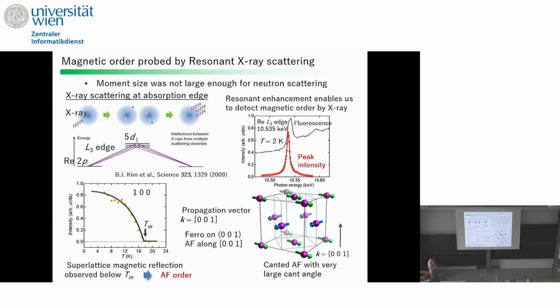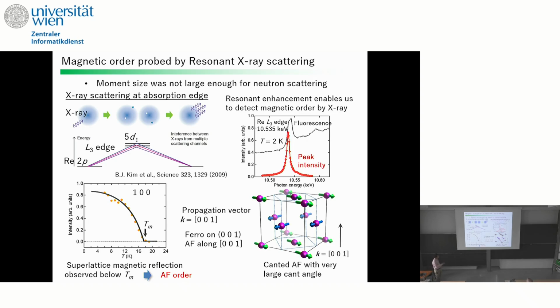Then we performed resonant X-ray scattering because the moment size is small. We thought it is maybe impossible to detect by neutron diffraction. So now we have a single crystal, we performed resonant X-ray scattering and see this magnetic intensity. Usually X-rays cannot detect magnetic reflections because the intensity is too small.